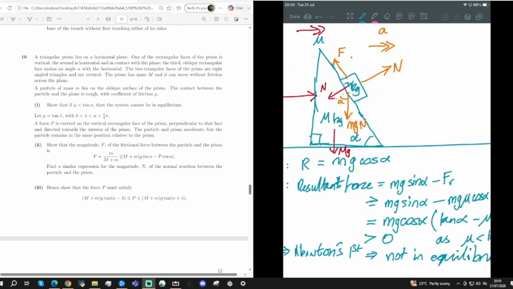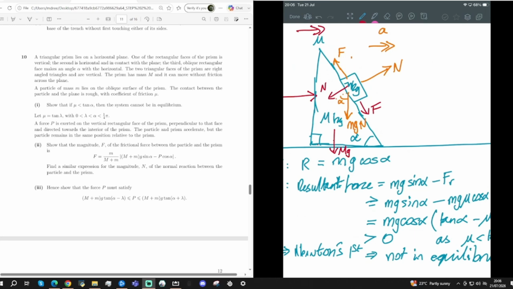And for a similar reason, we have another frictional force, this time on the prism. There is a frictional force on the particle holding it back up the slope, but that means there's also going to be a frictional force pushing down the slope on the prism itself. Both applications of Newton's third law.